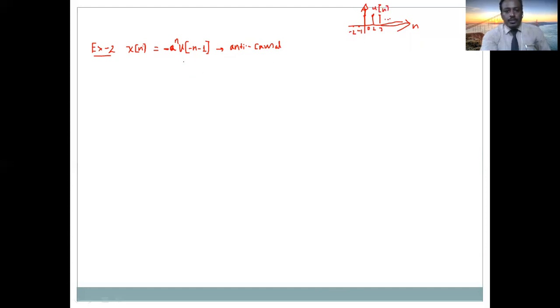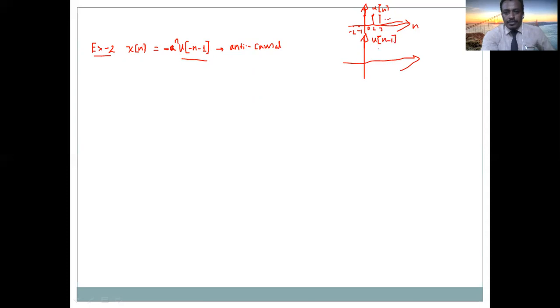As you can see here, there are two operations on u of n: first a shift by 1, and a folding operation. When these operations come together, we have to follow the precedence rule. The first operation we perform is shifting. So first you shift u of n by 1, which gives u of n minus 1.